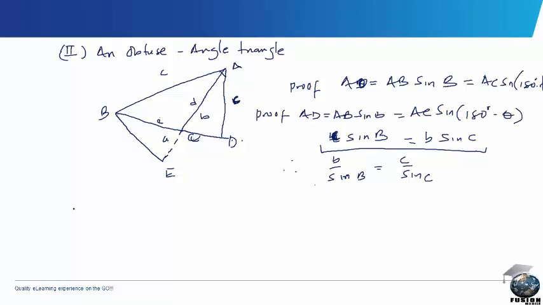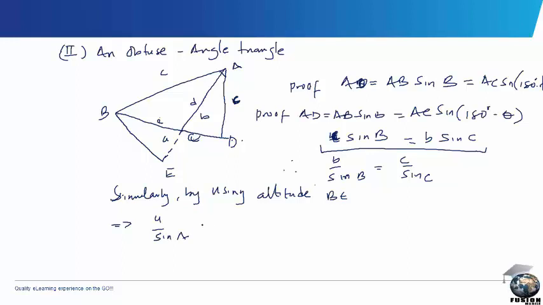Okay, all right, let's try to find the other side, BE, using the same altitude. We try to find the BE side using the same altitude, and I believe this one will be simpler for you. All right, similarly, by using the same altitude, by using altitude BE, this implies that we have A over sine A to be equal to C over sine C. Okay, by using altitude BE.